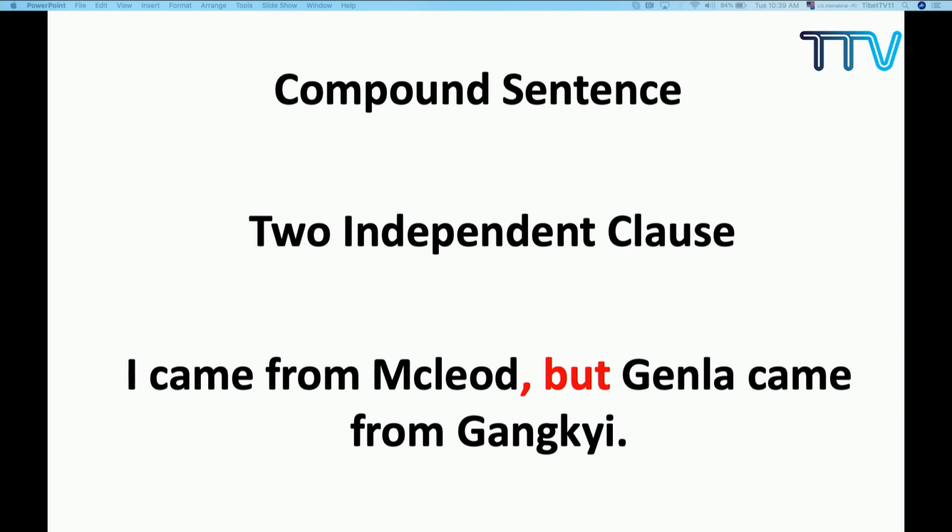What do you call the word which joins words or sentences or phrases? We call it a conjunction. So what is the conjunction used here? Yes, it is but. I came from McLeod, but Gela came from Kanki. So this is a compound sentence. You got it?